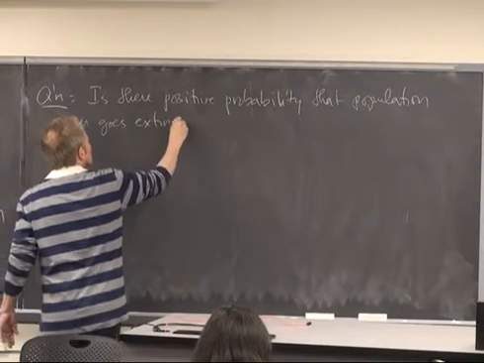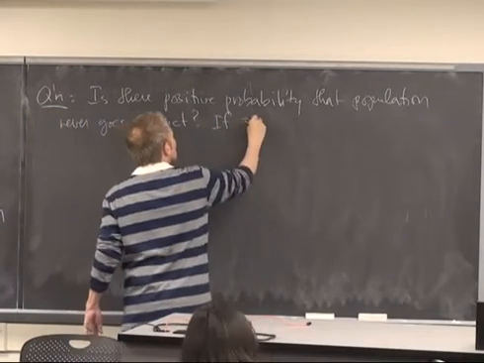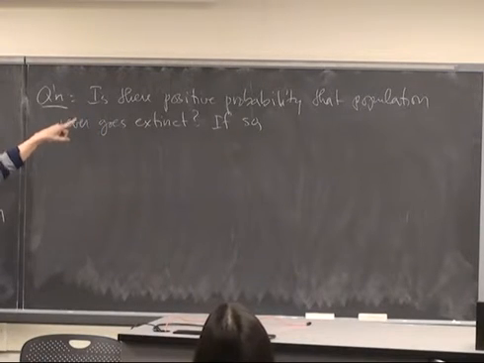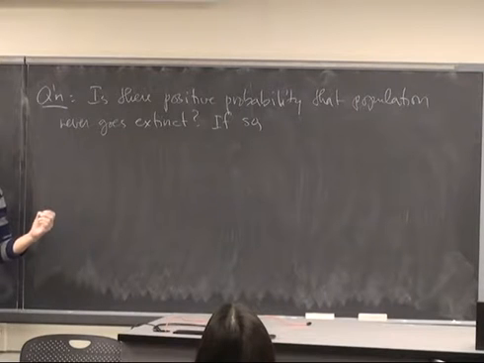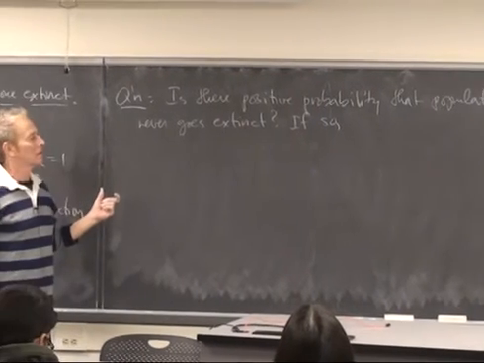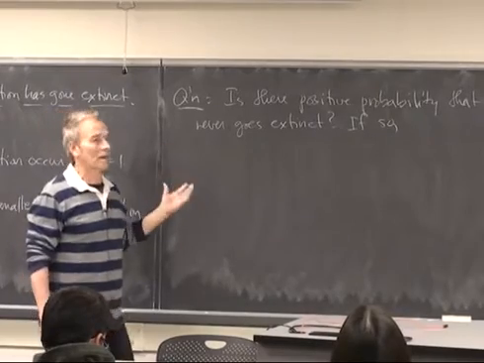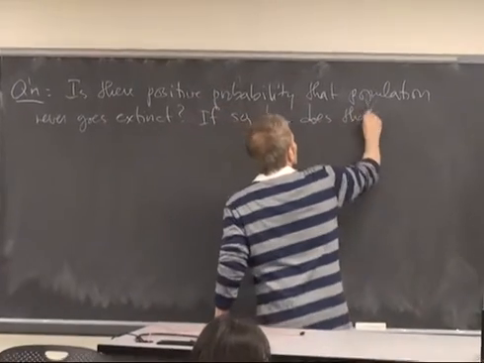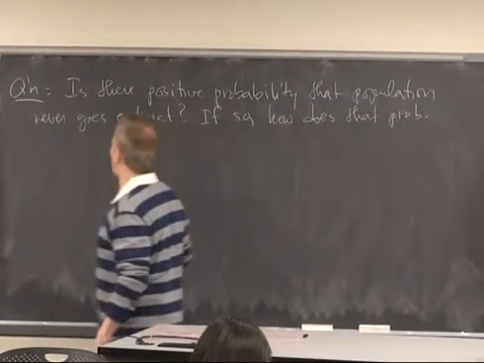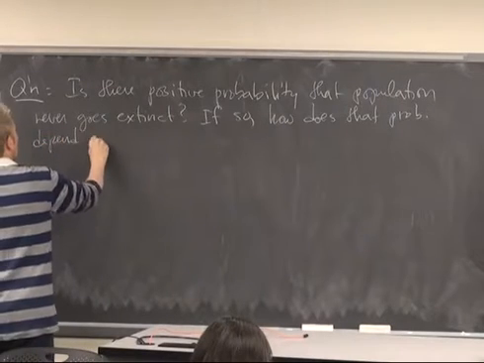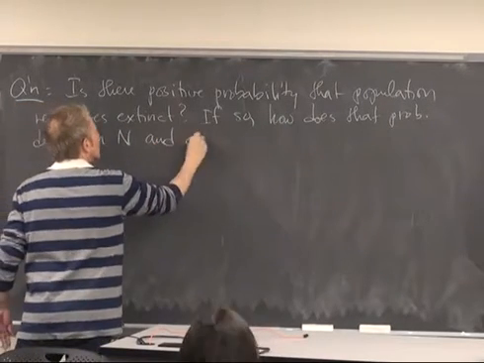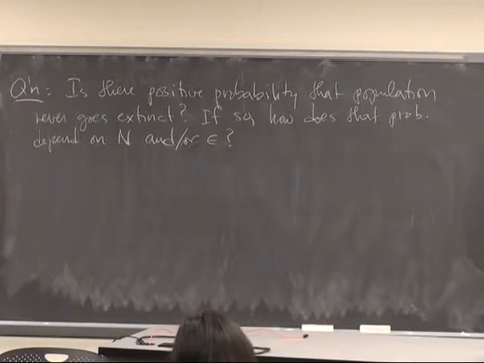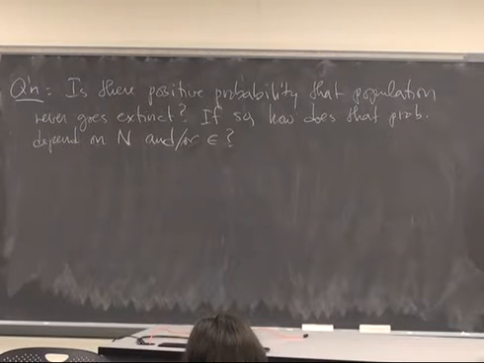That's part 1 of the question. And if so, does that positive probability of never going extinct depend in some fashion on epsilon, which is the probability of boxifying, and or on n, the size of populations? So how does that probability depend on n and epsilon? Okay.